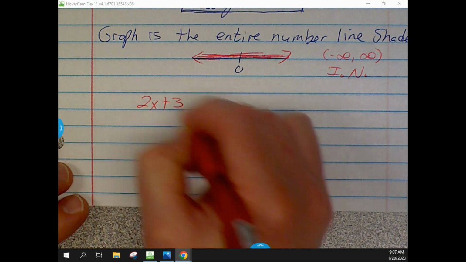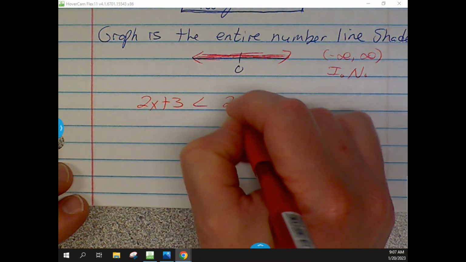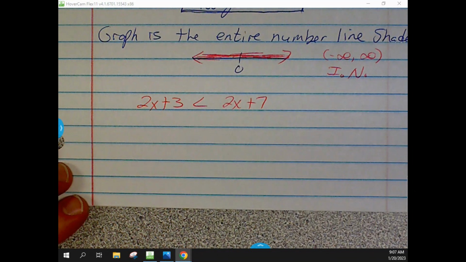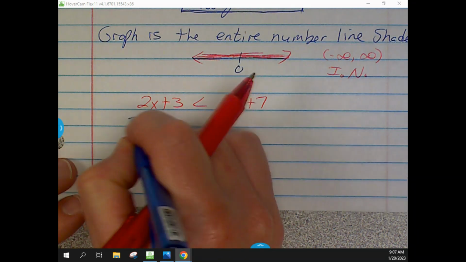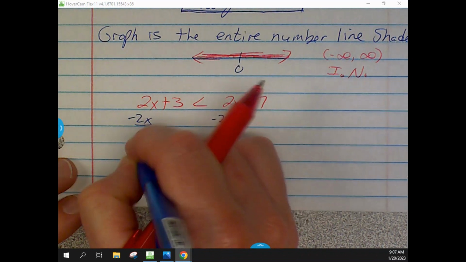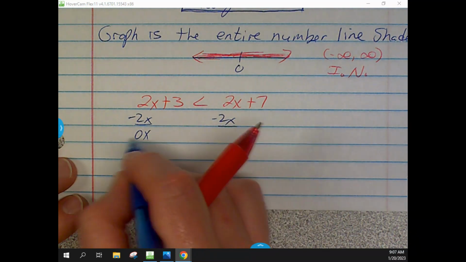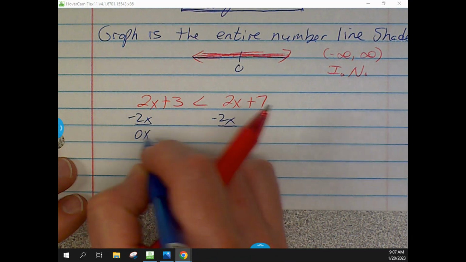2x plus 3 is less than 2x plus 7. As soon as you subtract the 2x, and remember, some people will put 0x and then they'll come back and just put an x here. I'm like, no, no. Remember, if you do 0 times x, that's just 0.